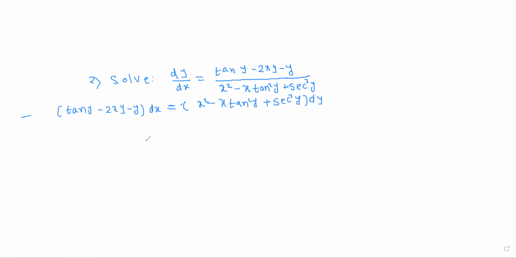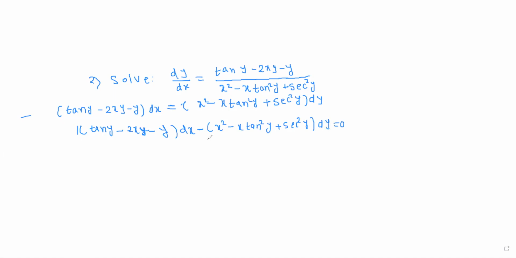Now take this term on one side. So it will become tan y minus 2xy minus y dx minus x square minus x tan square y plus sec square y dy equal to 0.